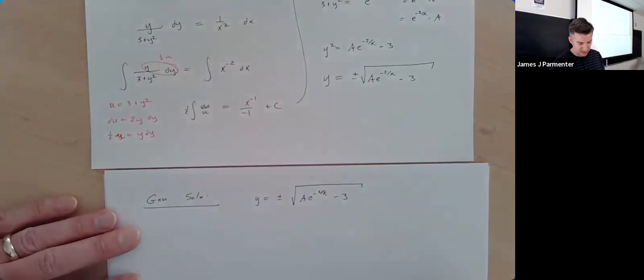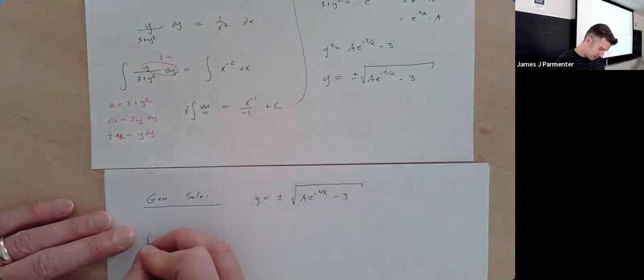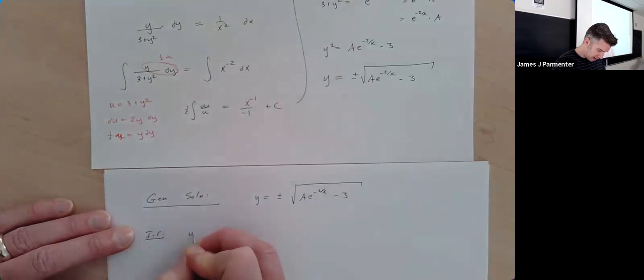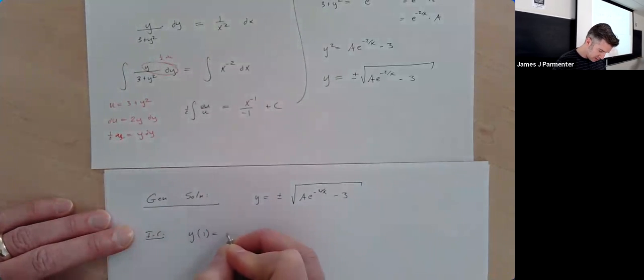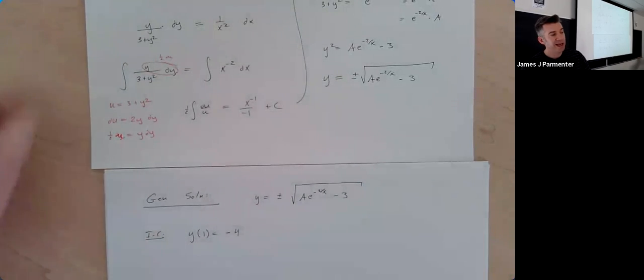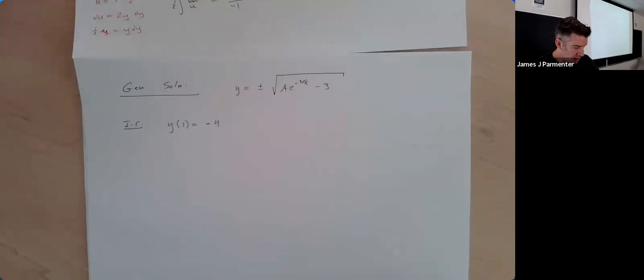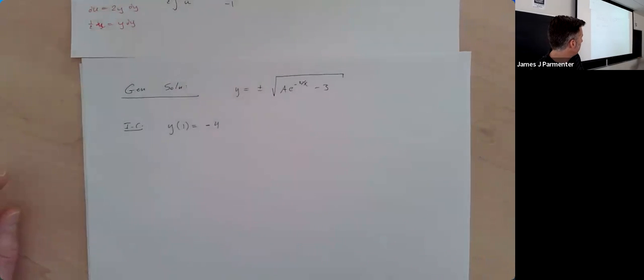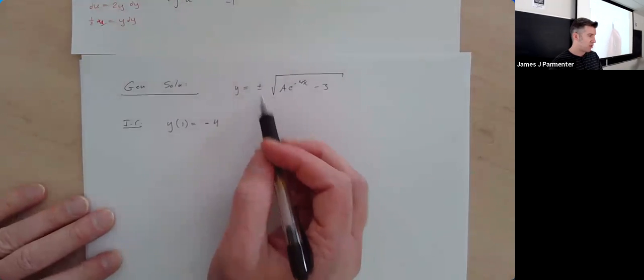I'm going to make up something that's probably going to come out to be terrible. But let's say our initial condition is that y of 1 is equal to -4. Now, here's what I want you to see about this, because I think it's interesting, but also could actually come up. Someone could ask you to think about this. Once you're given an initial condition, you actually get to say which piece of the square root we want.